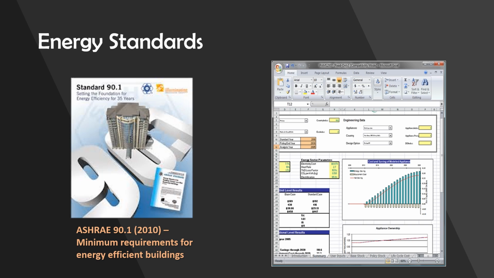ASHRAE 0, which covers mechanical, electrical, plumbing, and renewable energy systems. ASHRAE 1.1, which covers HVAC and R systems, i.e. energy, water, IEQ, and durability.